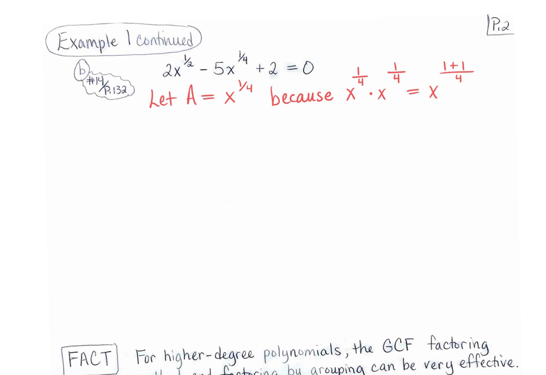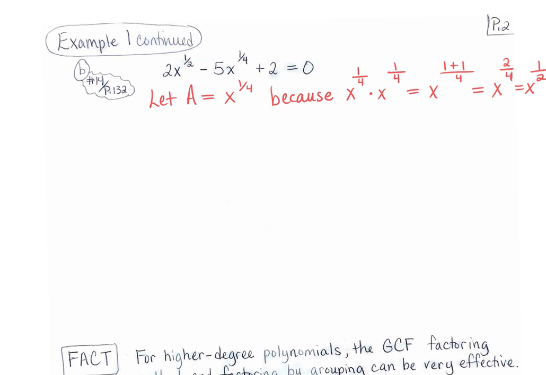Are we all right? And that's equal to x raised to the 2/4. 2 over 4 is the same thing as what? That's the same thing as 1/2. Same thing as x to the 1/2, right? So all of that to say that this x to the 1/2 is really x to the 1/4 squared.